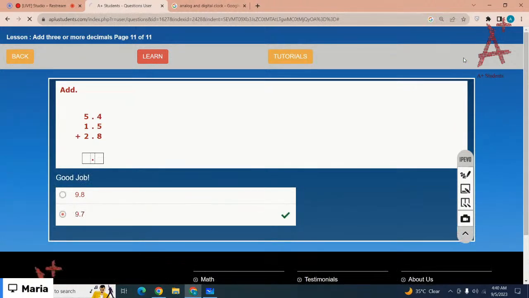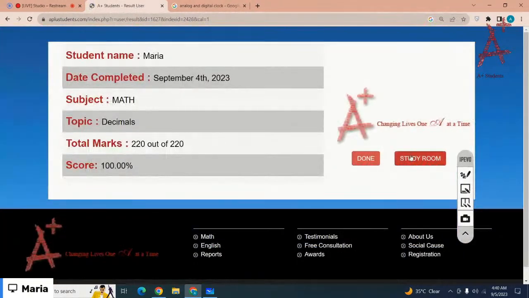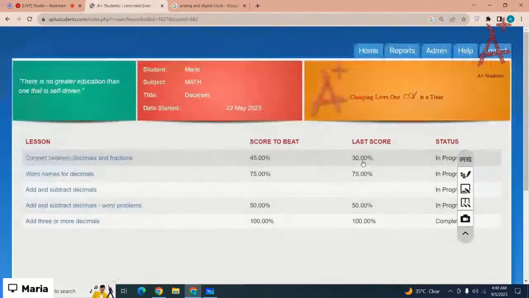Okay, we are done with the lesson, with the chapter actually. We are working on grade 3 math. The chapter we're working on is decimals.